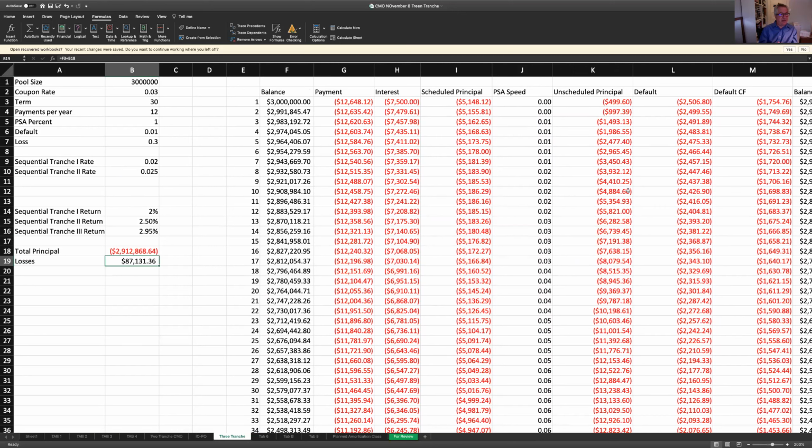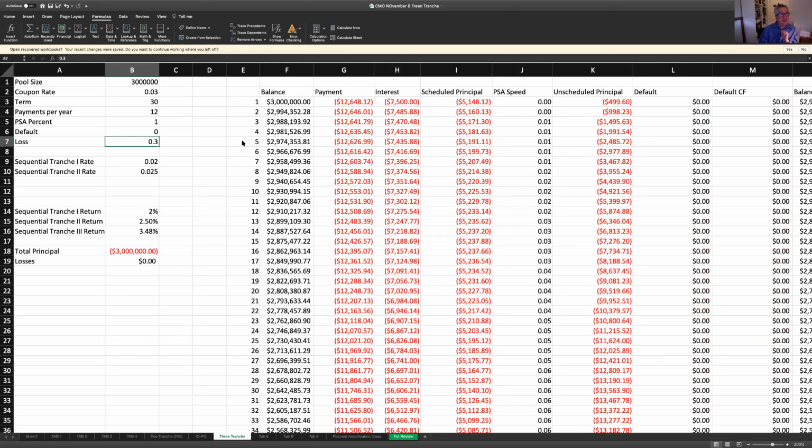Another way we could look at their losses is, again, if we go back to a default rate of 0, and that's going to zero out our principals here. The return was 3.48%. So return before default is equal to 3.48%.